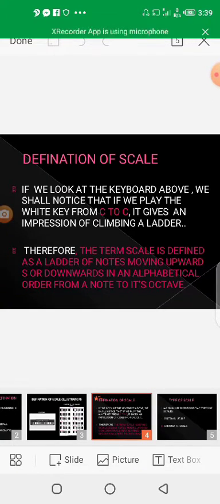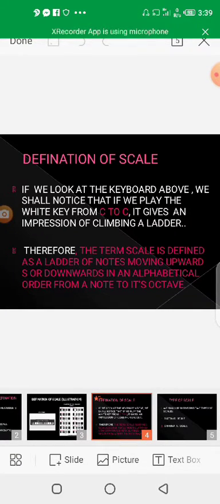Now, let's listen to this. Do, re, mi, fa, sol, la, ti, do. Alphabetically, it is moving upwards. Now, let's see this. Do, ti, la, sol, fa, mi, re, do. Alphabetically, it has also moved downwards.